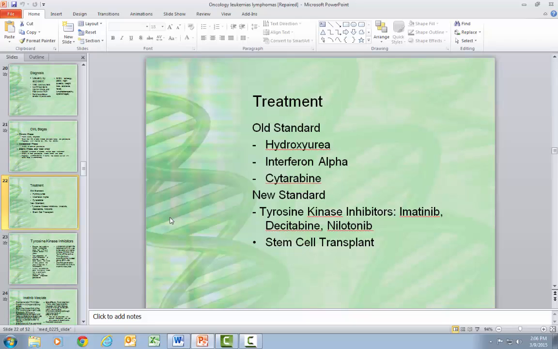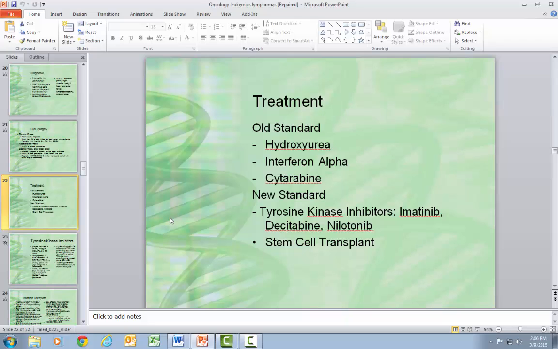So the old standard treatment was hydroxyurea, interferon alpha, and cytarabine, and the new ones is basically targeting the pathophysiology of the disease. So except with stem cell transplantation, treatment is not known to be curative. However, when tyrosine kinase inhibitors are used, survival is prolonged and maximum overall survival has not been reached.